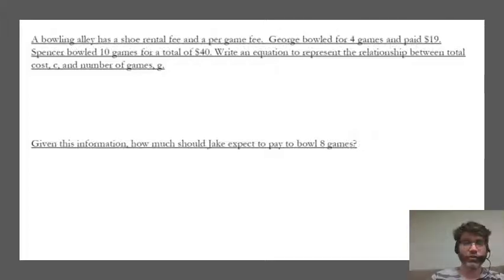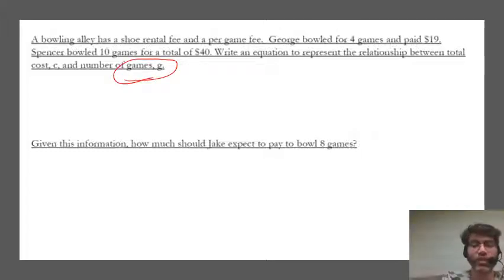Write an equation to represent the relationship between the total cost C and the number of games G. Okay, so in this case, the number of games G is what each person decides to bowl, and the total cost is what ends up being the dependent variable.